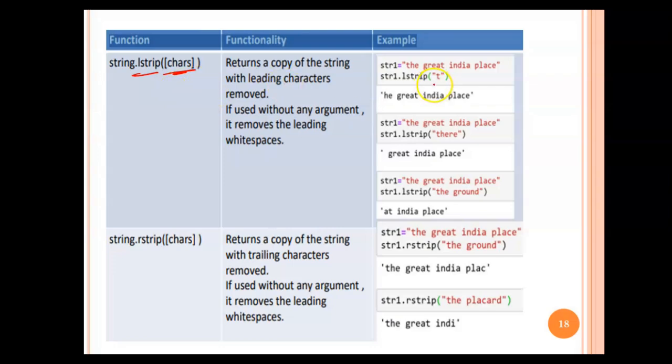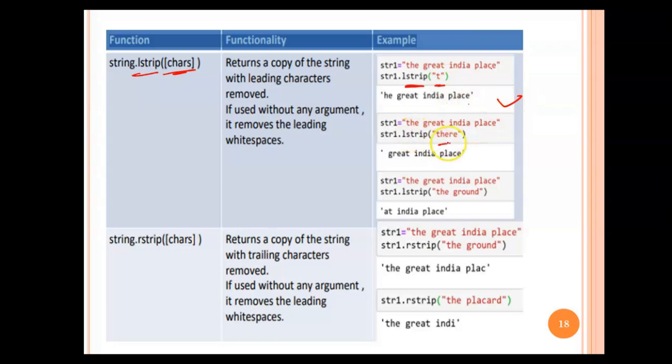But if you are giving a characters, it's going to remove those particular characters from the left-hand side of the string. So please check it, 'the Great India Place'. With str1.lstrip, we are removing the letter t, so the t will be removed, and you can see 'he Great India Place'. This is the output.